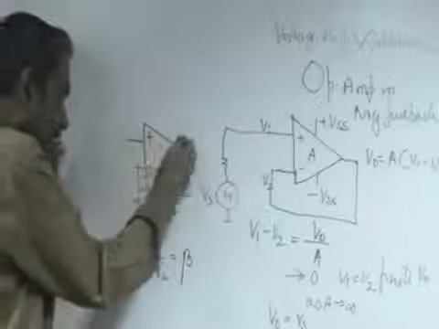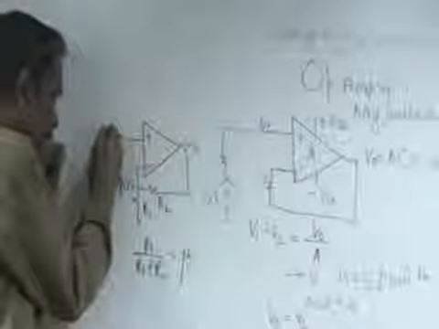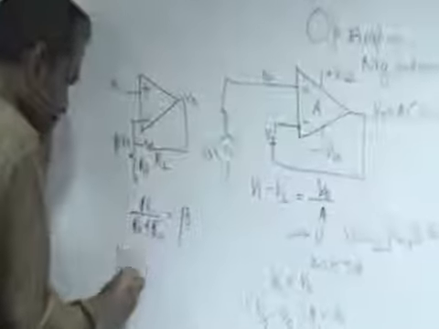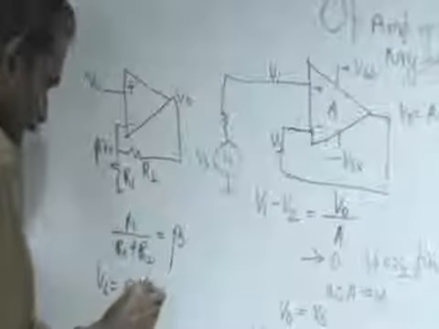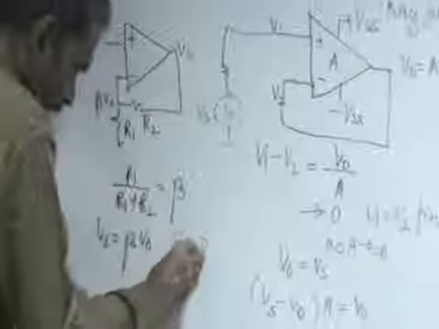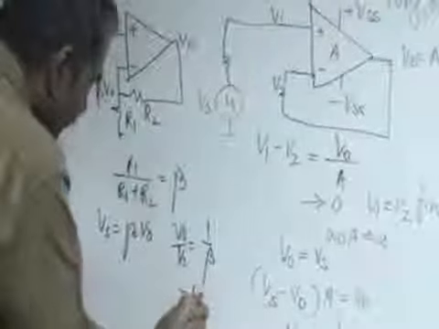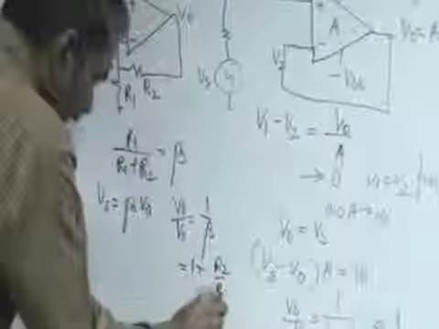That means if V0 is the output voltage, beta V0 is feedback. And now this is again the same as Vs, and therefore Vs becomes equal to beta V0, or V0 over Vs is 1 over beta ideally, and therefore it becomes 1 plus R2 over R1, which is going to give you any gain you want.